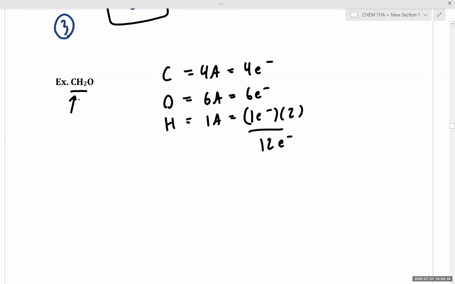What is our central atom in formaldehyde?